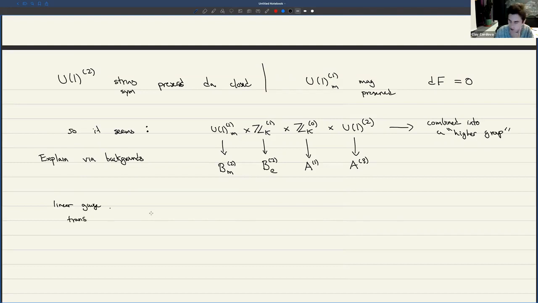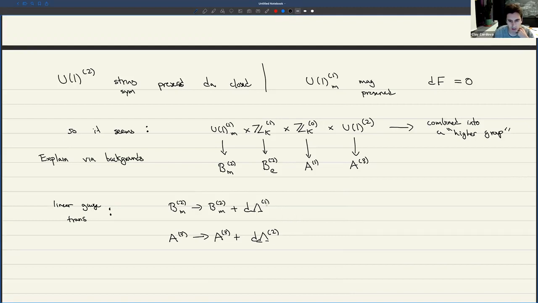Everything looks abelian here, so the gauge transformation should at least naively be abelian. So, for instance, we could shift B2 by d of some local 1-form. Same for, say, A3, by d of some local 2-form.